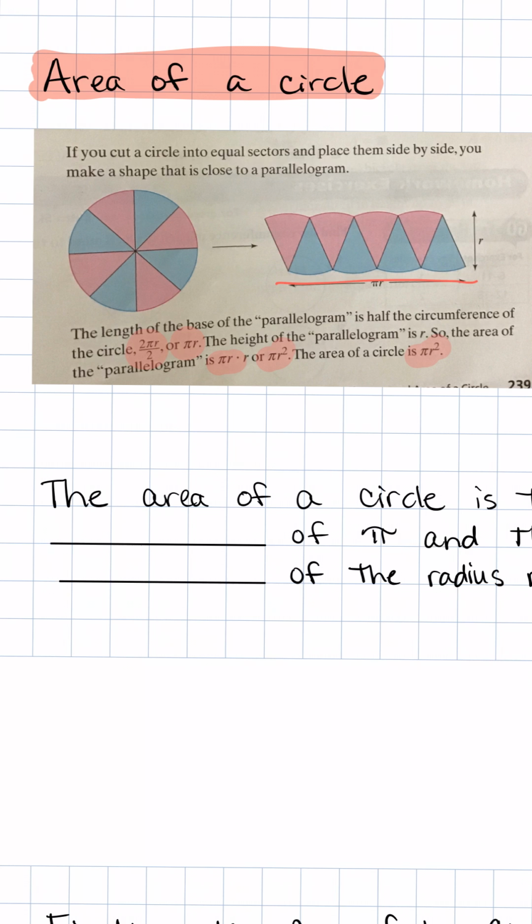The area of the circle is the, let's fill this in, is the product, which means the multiplication, of pi and the square of the radius.